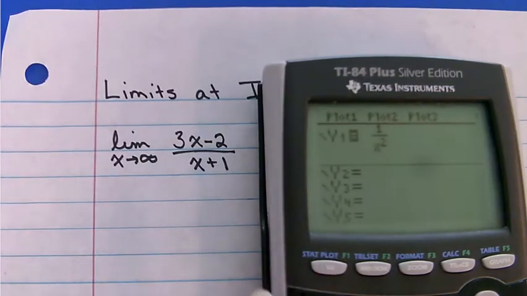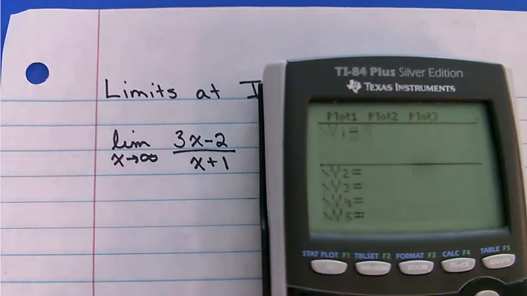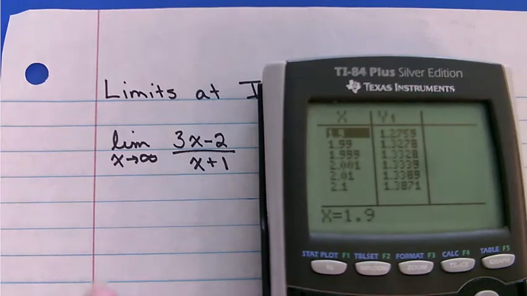I'm gonna go to y equals, and I'm gonna put in this equation. Now there is a shortcut for this, and I'll show that to you in a second. I'll show you actually a couple of different ways to do it. So I have mine set up on ask, so it's going to ask me for x values.